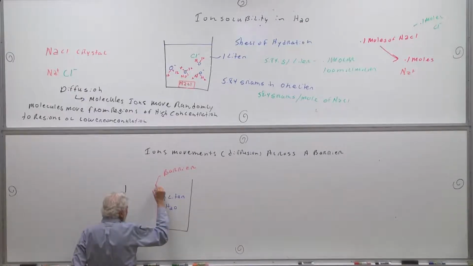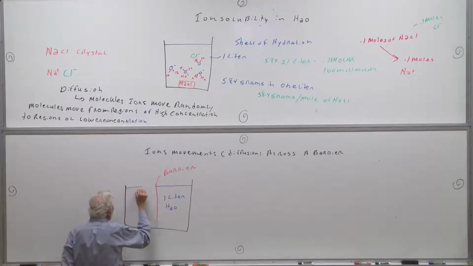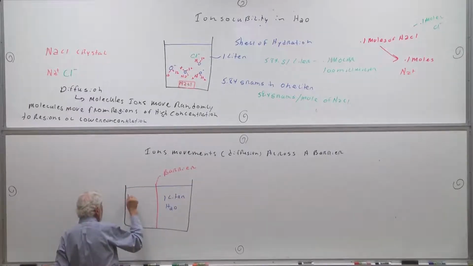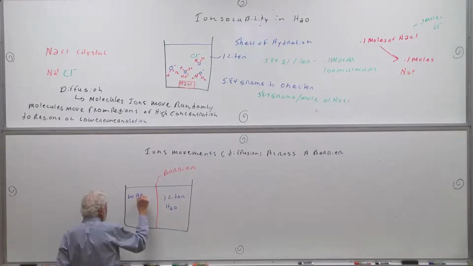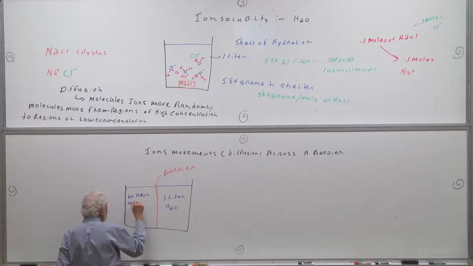And then on the other side of the barrier, at precisely the same volume, we're going to have water plus 100 millimolar sodium ions and 100 millimolar chloride ions.